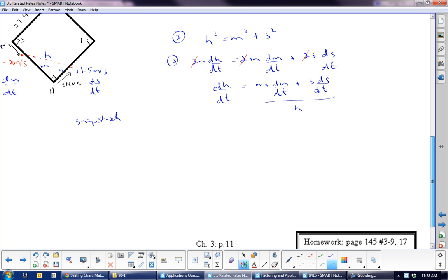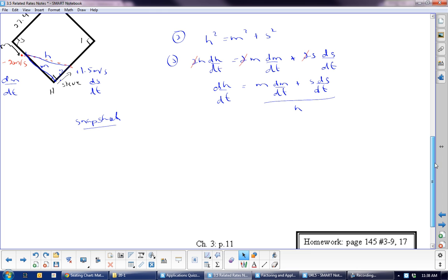Because remember, if I was at this stage and I was really stuck and I still went and did a snapshot, you can get marks for your snapshot. Right? These are going to be worth a lot of marks. So let's just take it at this point right here.